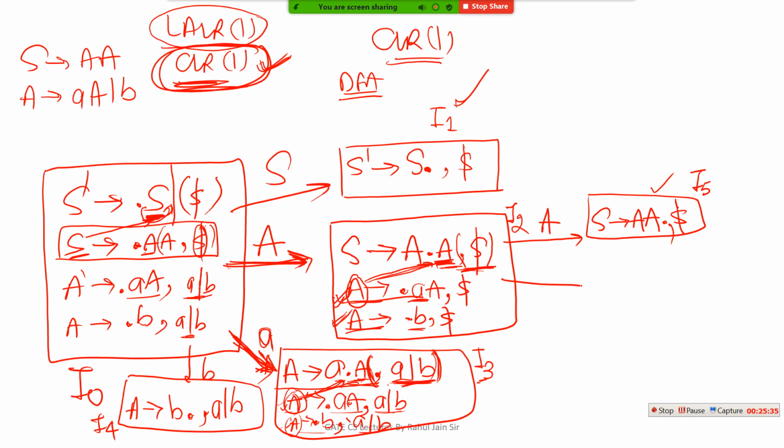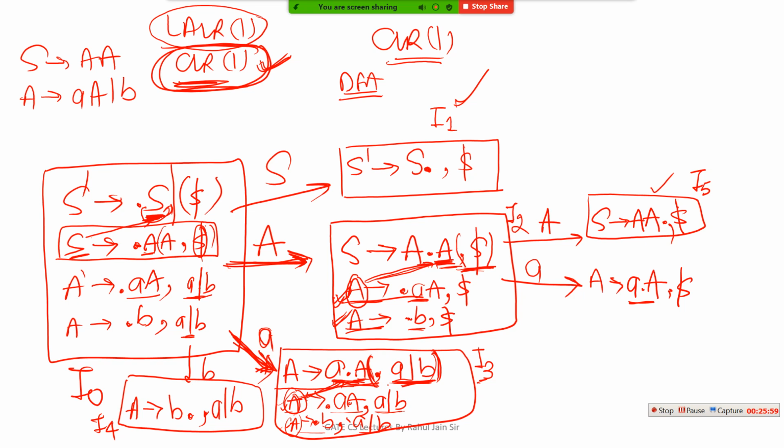Now on small a, I have one transition, that is A derives A dot A dot A and dollar. Now you may say, sir, A dot A already exists here, so why didn't we make an I2 to I3 transition on small a?